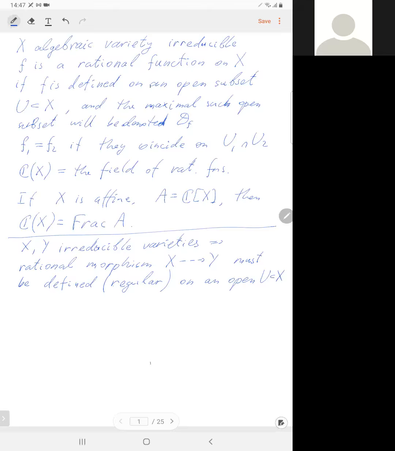Now, if a rational morphism phi is dominant, then it induces the pullback on rational functions.